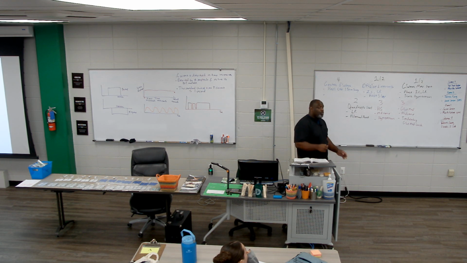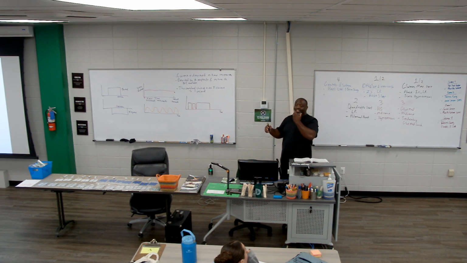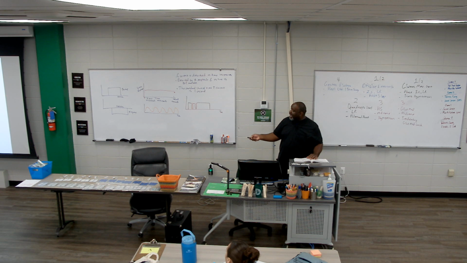So even though the phases don't match, one's triangle and one's square, how long they are actually lasting is the same. So we call this biphasic asymmetrical because they're not symmetrical, but they are balanced.